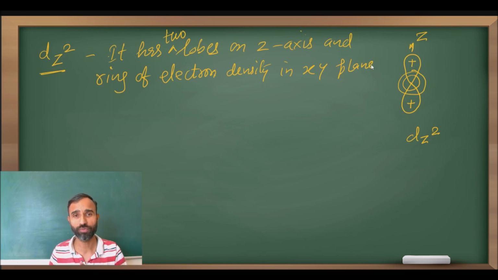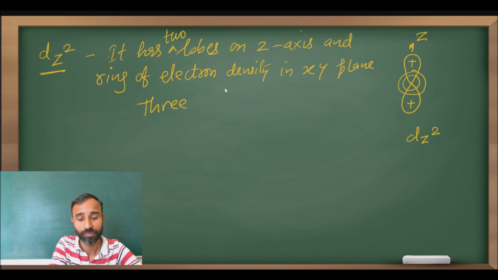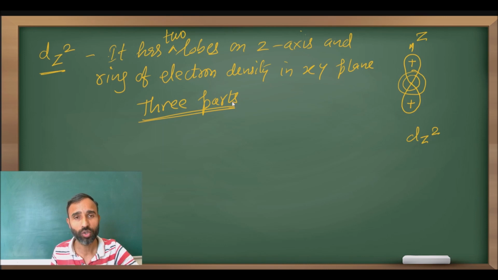You know, the s orbital is spherically symmetrical, so that's why its contribution is equal in all the 6 hybrid orbitals. But in dz square, we have 2 lobes on the z axis and a ring of electron density in the xy plane. So it has actually 3 parts. Out of 3 parts, 2 parts are on the z axis, one on the positive z, the other on the negative z, and one part is in the xy plane.